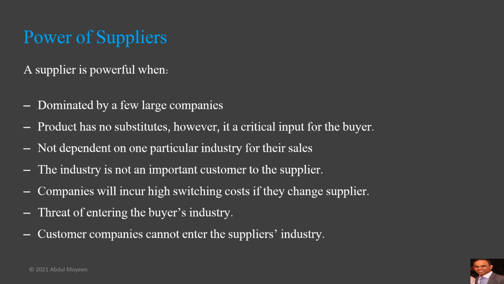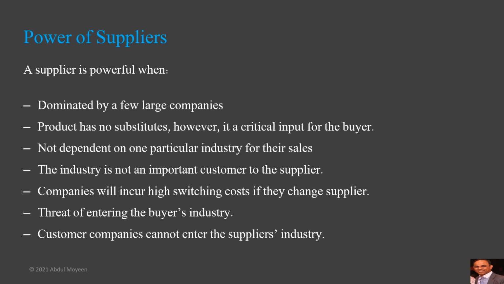The next force that I am going to talk about is the bargaining power of suppliers. Suppliers are the organizations and individuals that provide inputs into the industry such as materials, services, and labor. Suppliers are powerful when firms' profitability is reduced by suppliers' actions. And suppliers can exert their power principally in two ways.